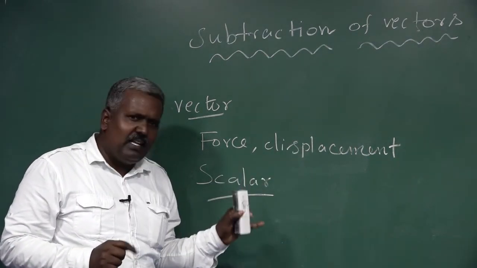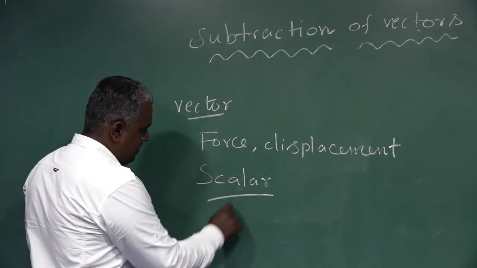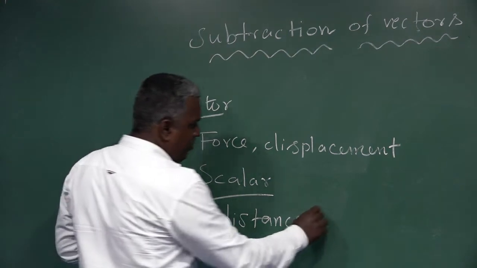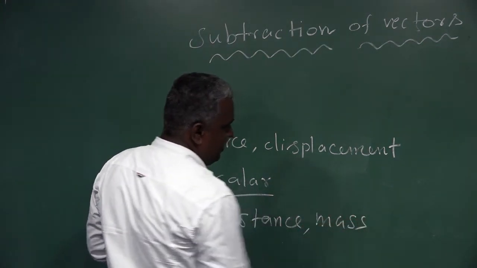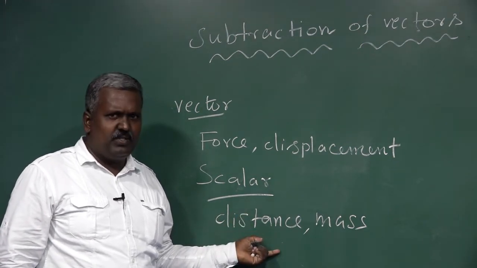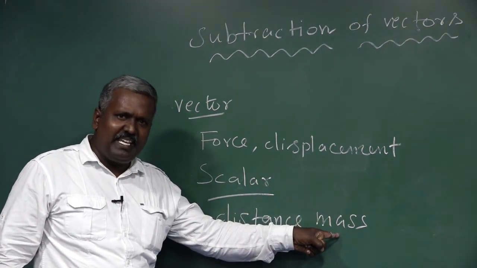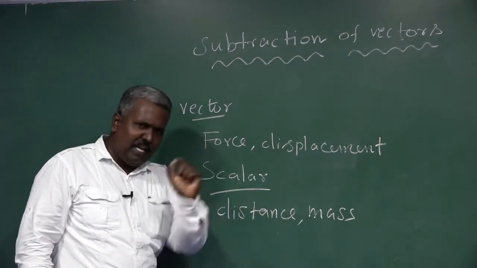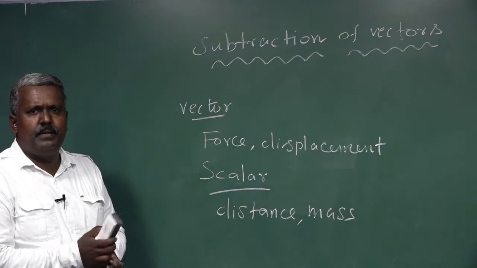And mass. For example, 1 meter, 2 meter, like this. For mass, 1 kg, 2 kg. There is no particular direction. It has only magnitude.